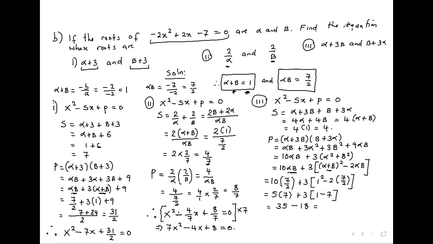What do you get? 17. That is our product. So the equation therefore is x squared minus 4x plus 17 is equal to 0.